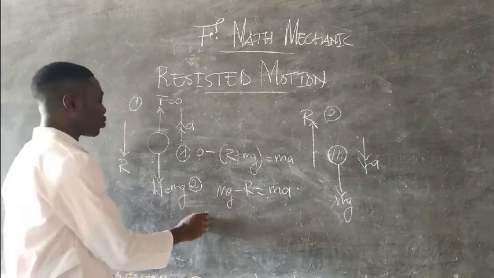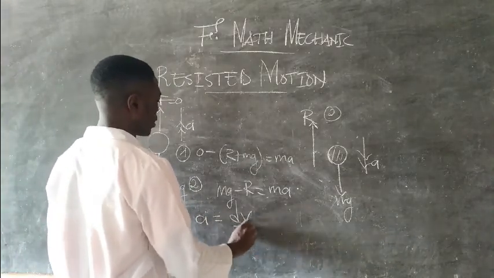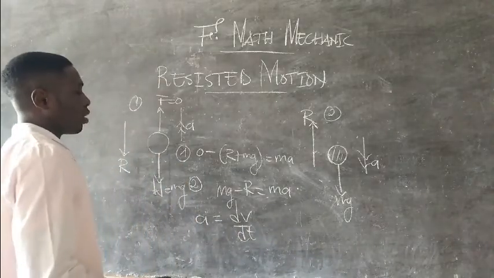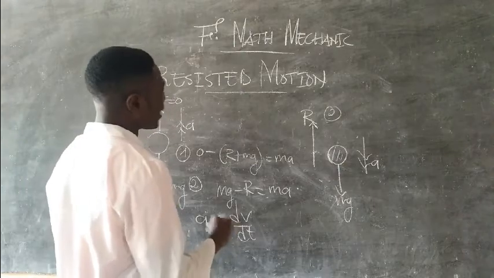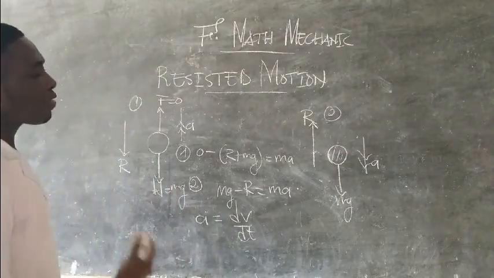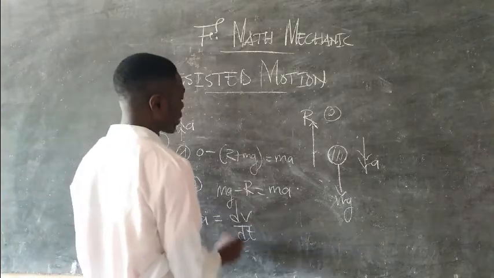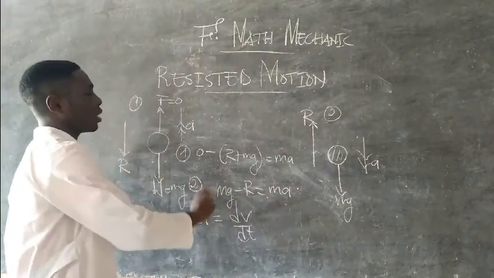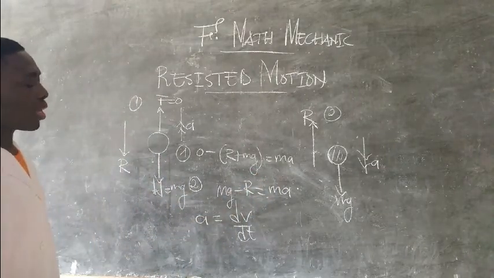But now I would like you to know that the acceleration is the same as dv/dt. You can write acceleration as dv/dt. If you have been given a question where you are required to look for time, it is always good to express acceleration as dv/dt, so that you can create a differential equation and integrate to get your time.